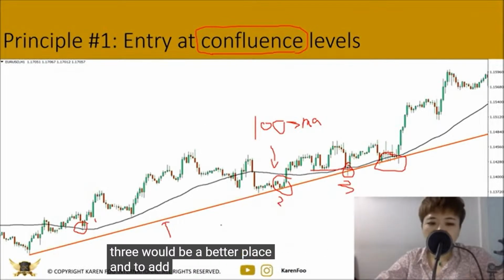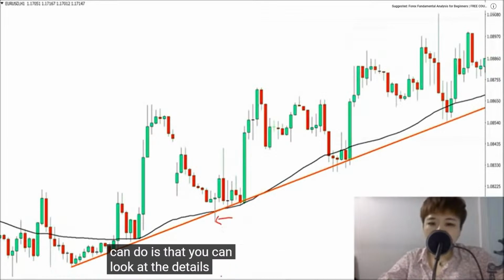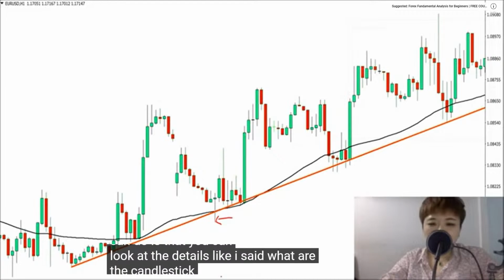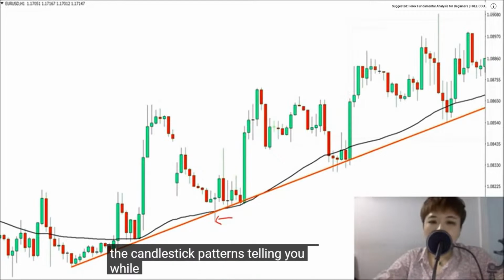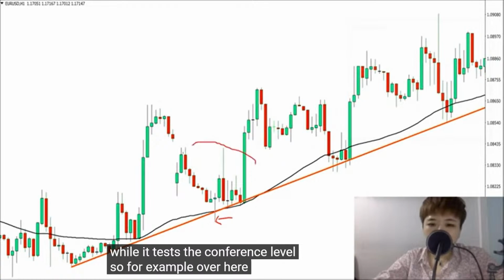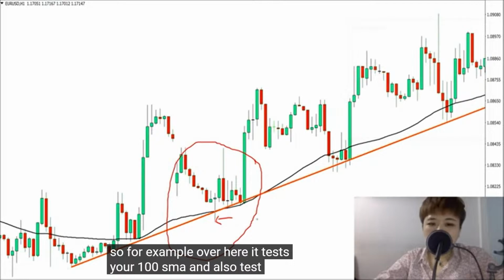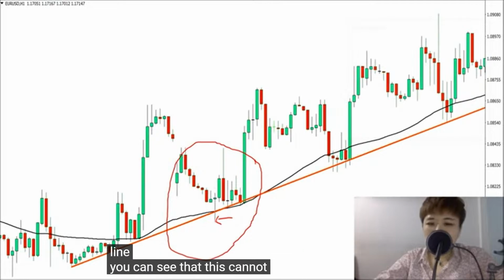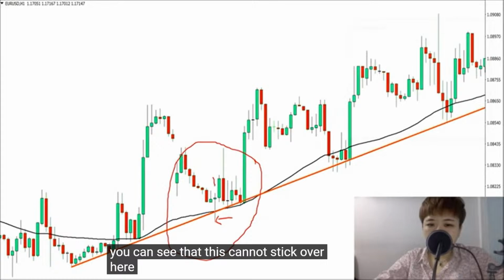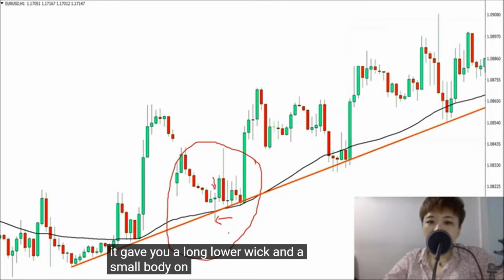And to add to your confirmation, what you can do is look at the details. Like I said, what are the candlestick patterns telling you while it tests the confluence level? So for example, over here, it tests your 100 SMA and also tests your trend line. You can see that this candlestick over here gave you a long lower wick and a small body on top.